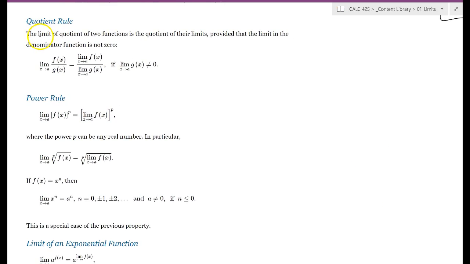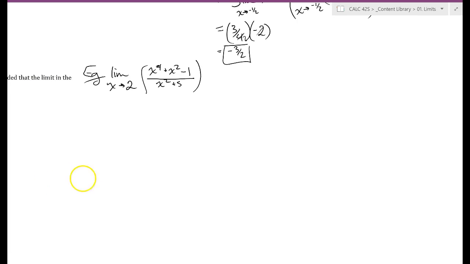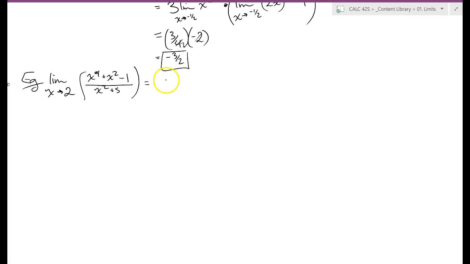Quotient rule is again pretty much the same. It just lets you break things apart. So if we look at this example, if I asked for the limit as x approaches 2 of x to the 4 plus x squared minus 1 all over x squared plus 5, and that was all the function that I was working with, then I'm totally allowed to break it up into a numerator limit and a denominator limit.